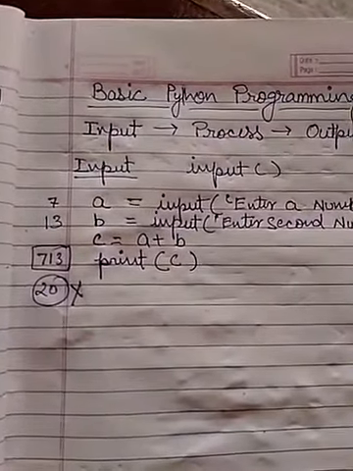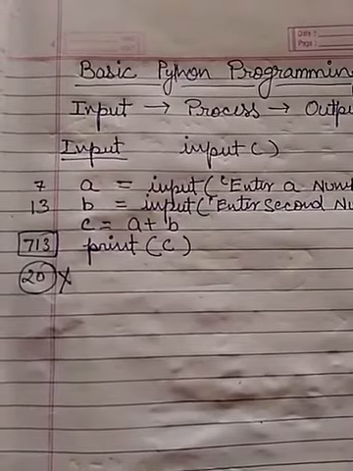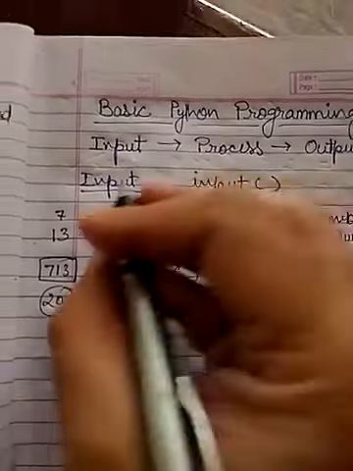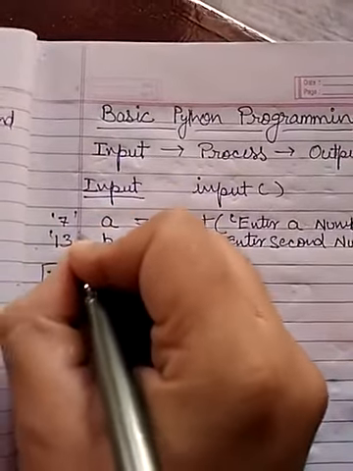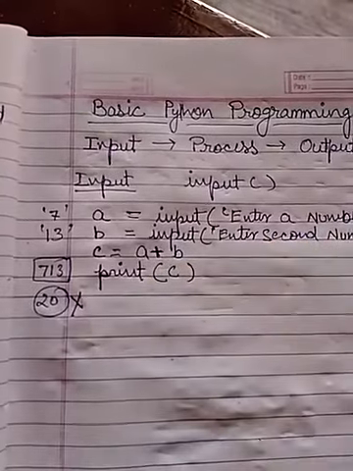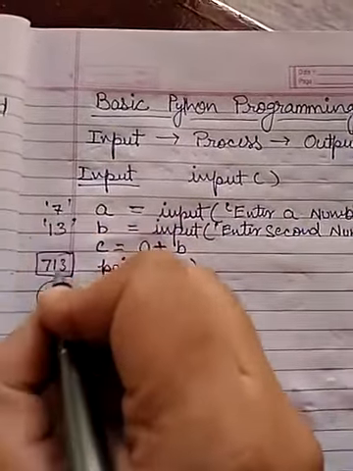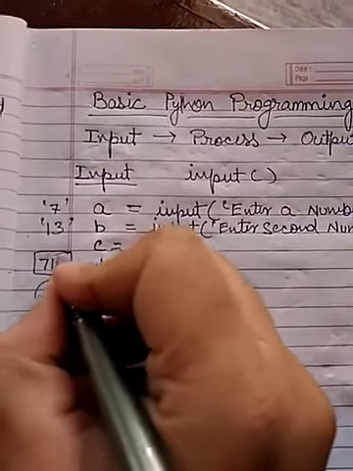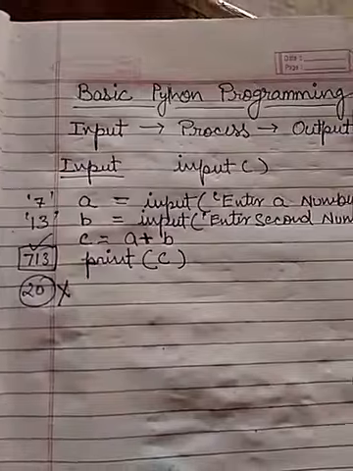Why is it so? Because I have told you earlier, Python reads everything in the form of a string. Here 7 is a string, 13 is a string, and here plus performs the work of concatenation. That's why it is concatenating 7 and 13, and giving 713, not 20.